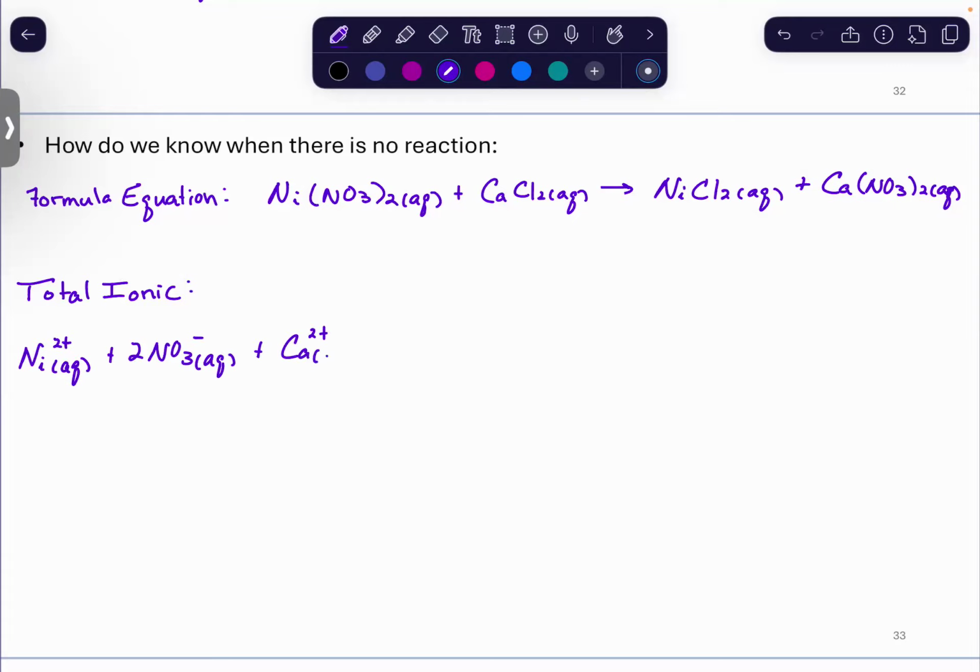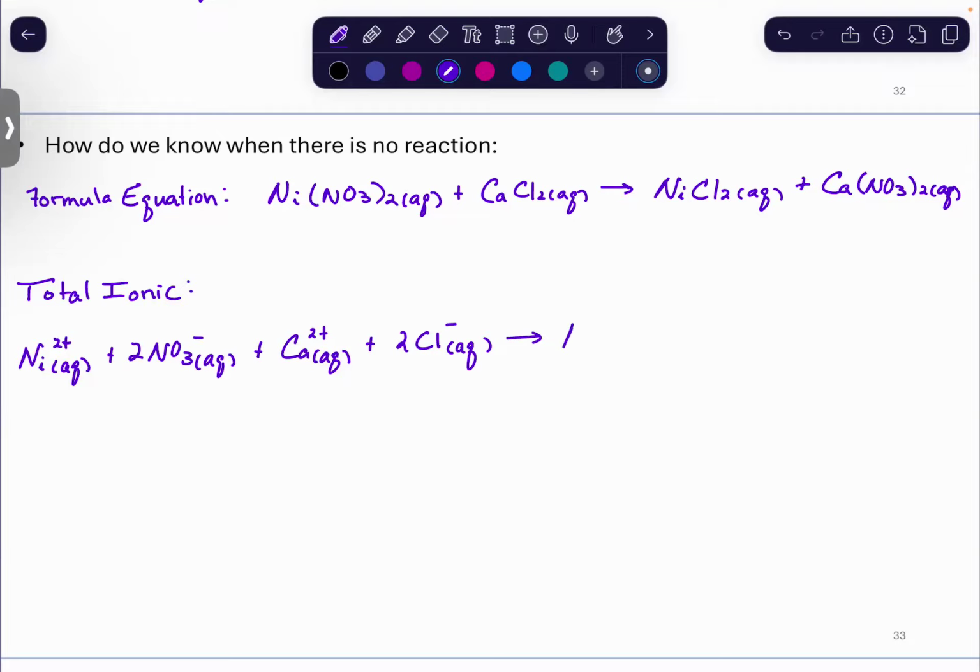Again, calcium is in column 2 of the periodic table, so you should know it's a +2. Plus 2 chlorides. Again, chloride is a -1 because it's in column 17. It's a halogen. Well, in its negative ion form, it's a halide.